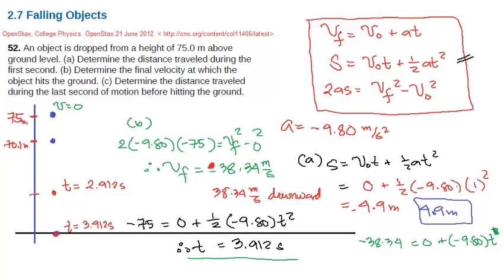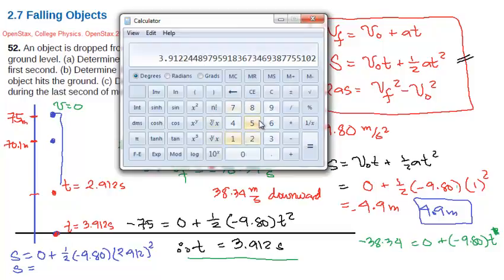So S is equal to, we'll use that equation here. Let's use blue. S is equal to V0 t, that's 0, we start from rest until we reach that, plus 1/2 a, a is negative 9.80, times t squared, 2.912 squared, and we're getting an S equal to, let me see. 9.80 times, oh, why am I multiplying by 2?